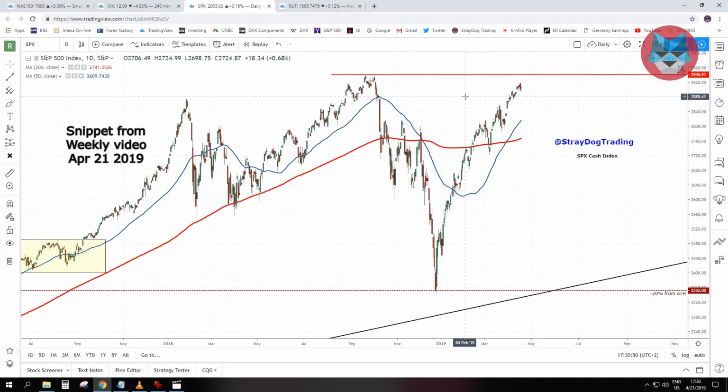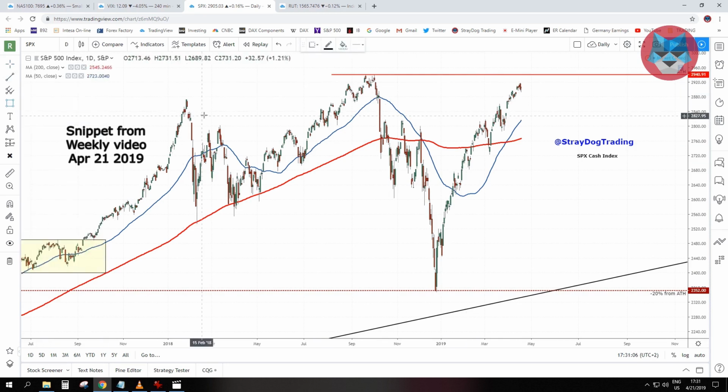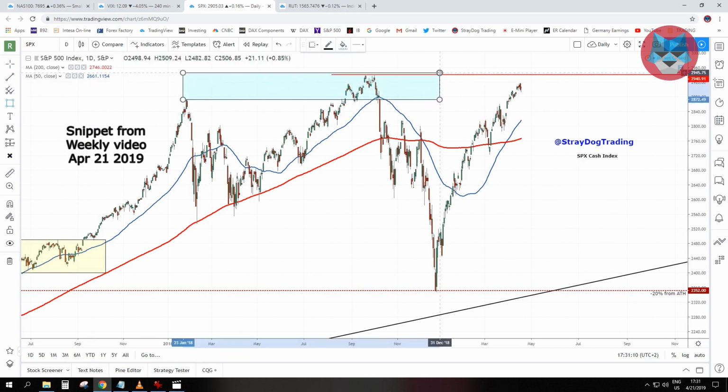But then let's just remember how this move to the downside started, with the trade talks and so on as fundamental things behind. But the technical thing was this: here was the previous all-time high, and then the market, after breaking that all-time high and retesting it, made a failure.